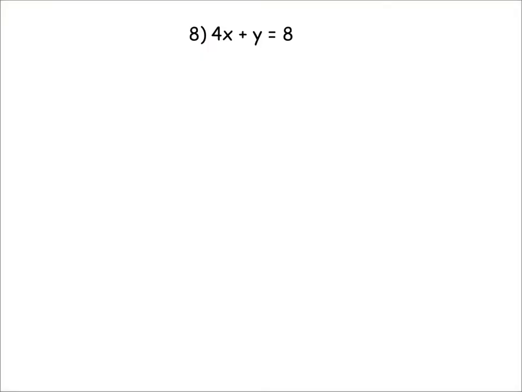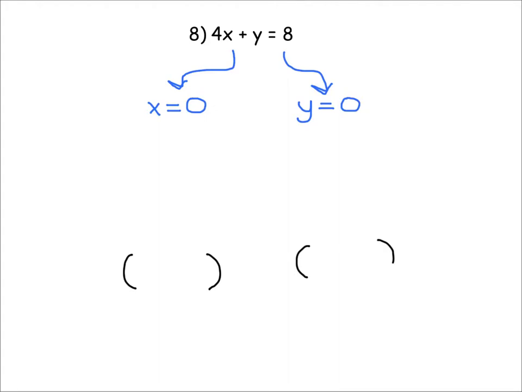All right, we're going to do number 8. So you need to go back to your regular note paper. Going to do 2 of them. First time, x will be equal to 0, then y will be equal to 0. I could go ahead and put down my ordered pairs. So 0 in for x and 0 in for y.